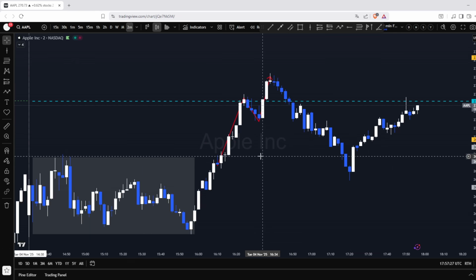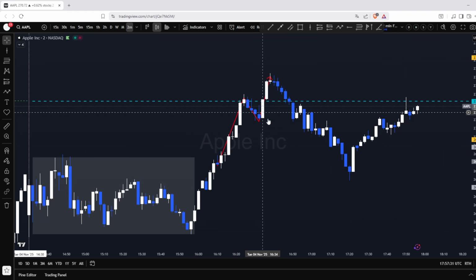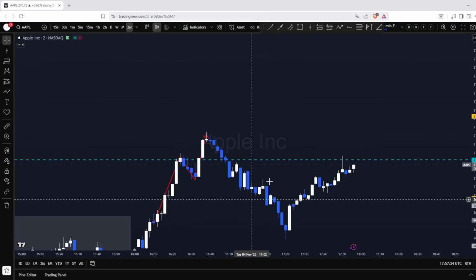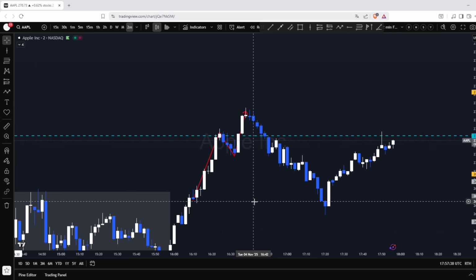Is this a valid setup? I'm asking you. Just think a bit, is this a valid setup? Is this anything that I showed you?